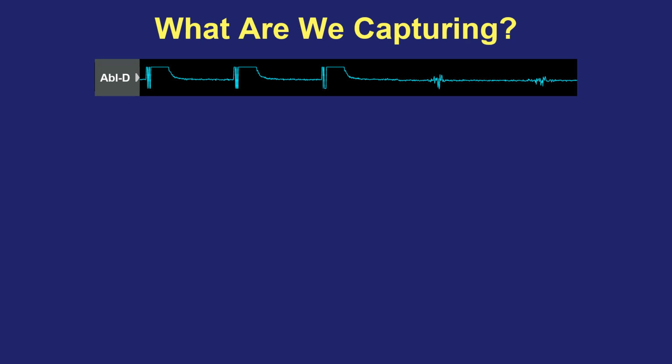Let's do some real-world examples and look at pacing and then cessation of pacing and figure out what electrogram we were capturing. Here in this example, it's pretty simple because there's really only one complex electrogram that we see when we stopped pacing. Again, here's the pacing artifact, here, here, and here.